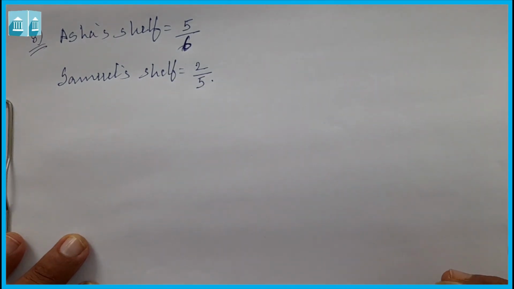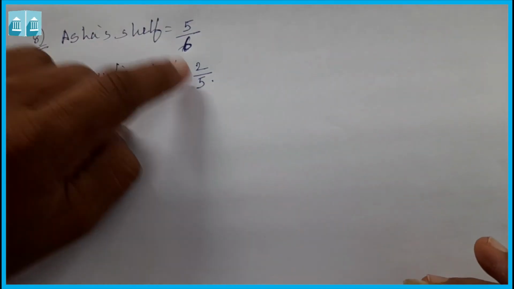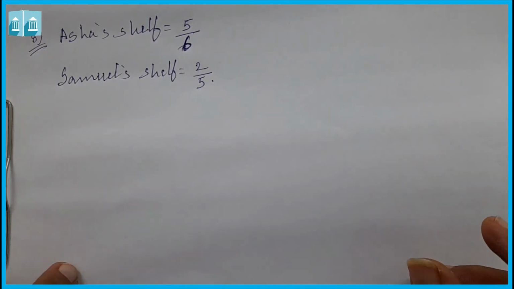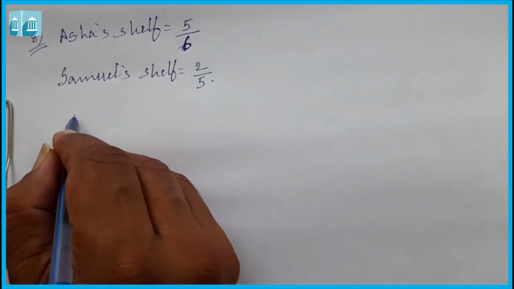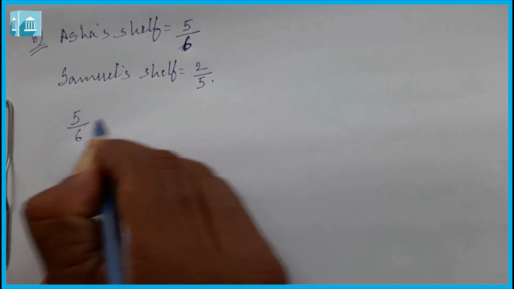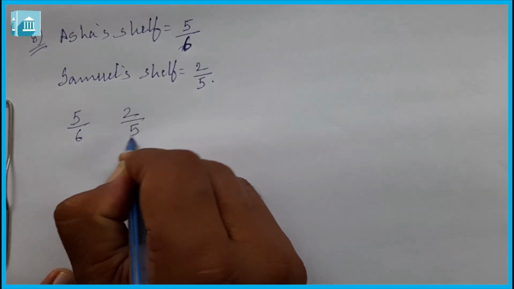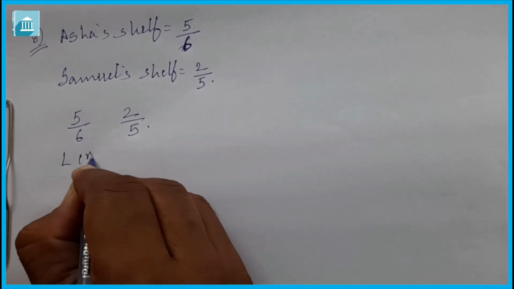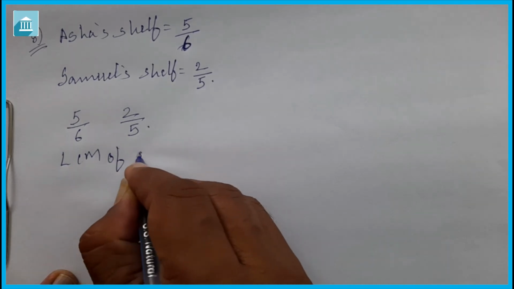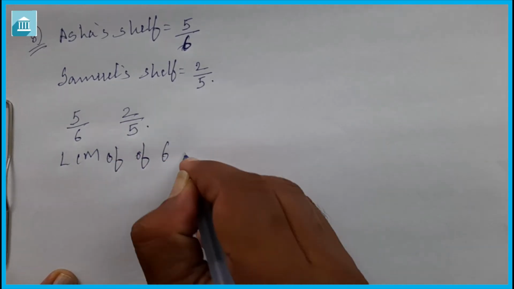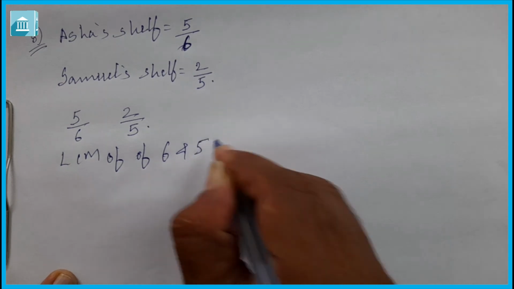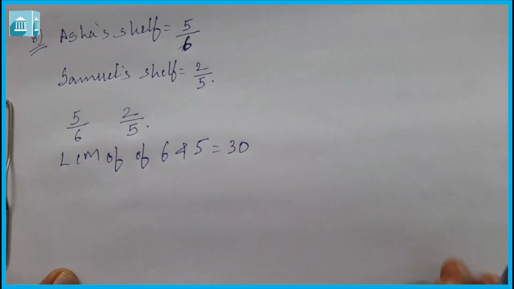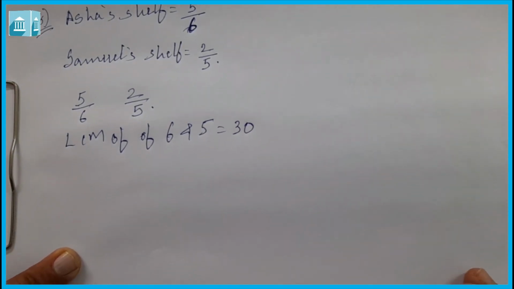Now when we need to compare, the denominators should be the same. So first we compare 5 by 6 and 2 by 5. So the LCM of 6 and 5 is equal to 30.